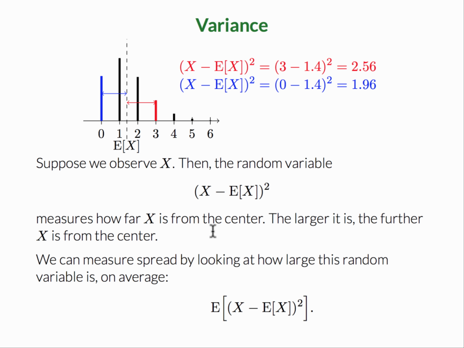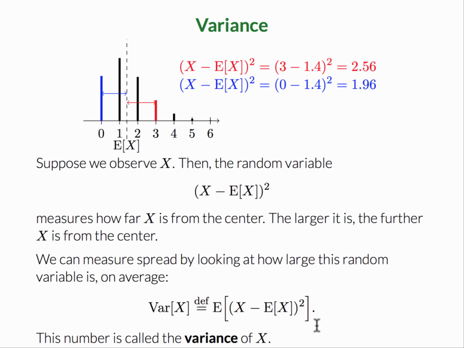Well, we can look at how large this squared deviation is on average. In other words, we can take its expected value. And since this is just the expected value of a random variable, this will end up being a single number. And we call that number the variance of the random variable x, and we notate it this way.